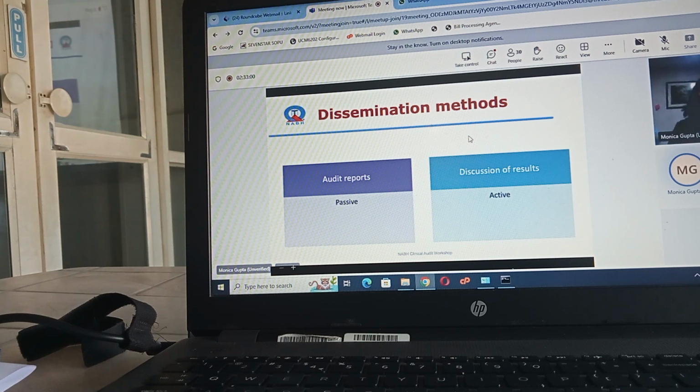So audit reports, though a great idea, tend to be passive, and you do not know if somebody has even read them. Second, if anyone has any questions or suggestions, they cannot get communicated. So it's not a proactive process. The other one is discussion of results, where you sit together with the concerned stakeholders and discuss the results.